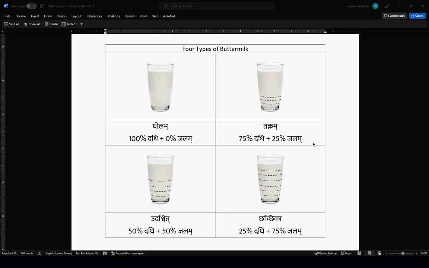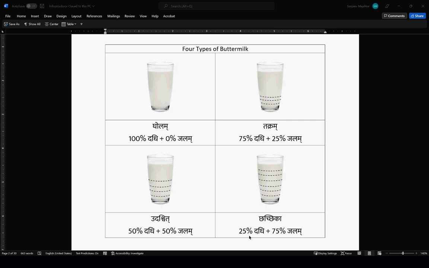Takram has a quarter part water added to curds. Then udashvit is 50-50, curds and water. Then chachika has more water and just a quarter part dadhi, curd.